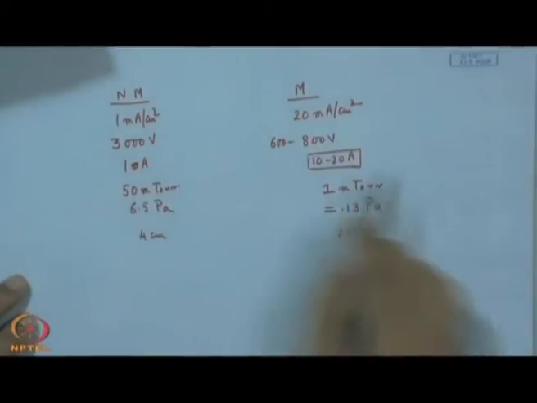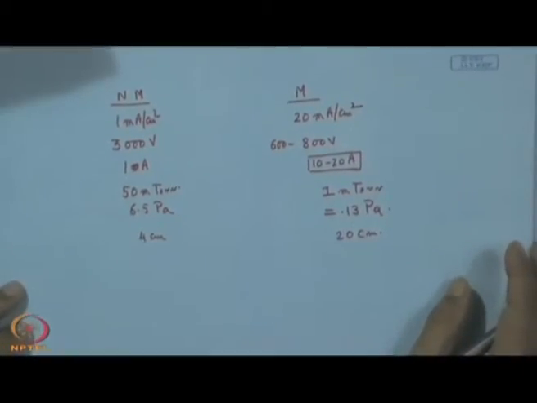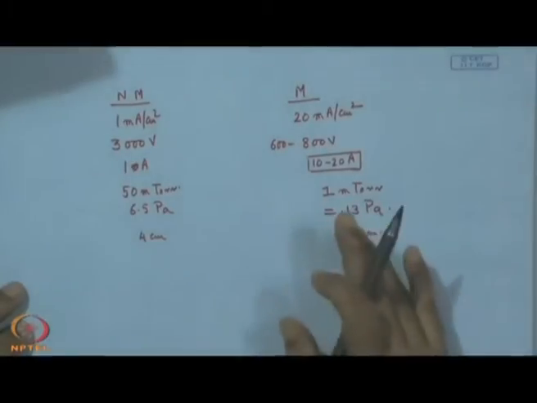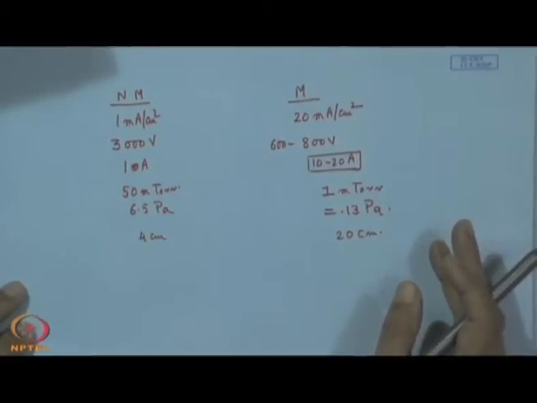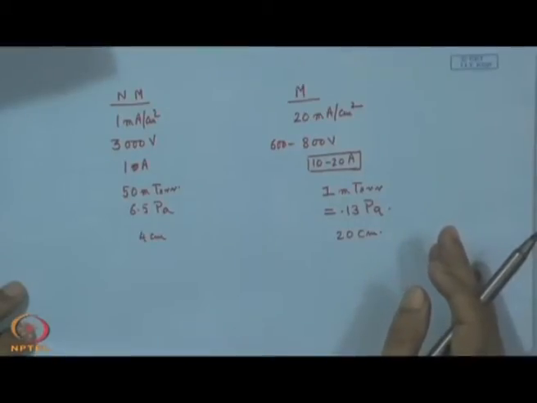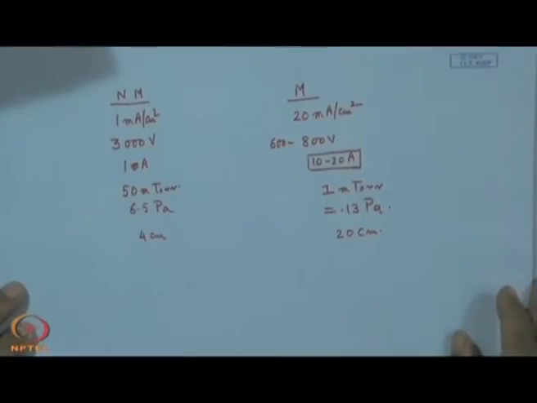So, if we compare these two, without going into any detail, one can immediately recognize the capability, the efficiency and the productivity of this magnetic field assisted, magnetically enhanced sputtering, which we call the magnetron sputtering. So, this is the advantage one can very easily recognize with the addition of this magnet along with the electric field.